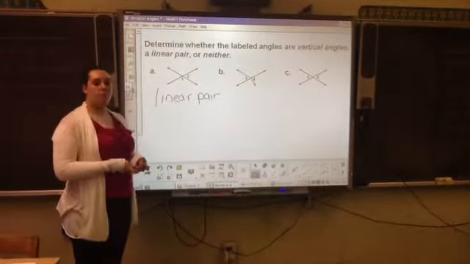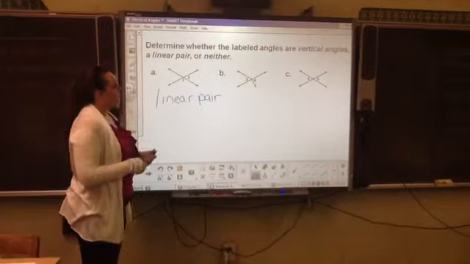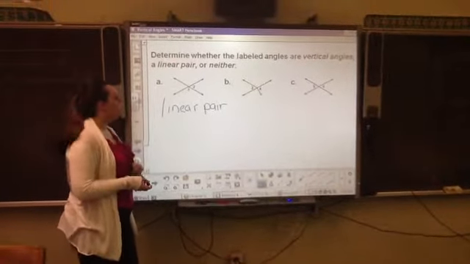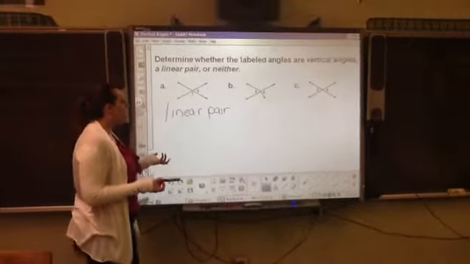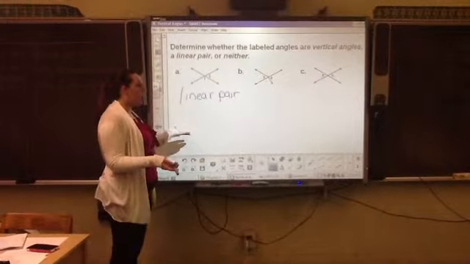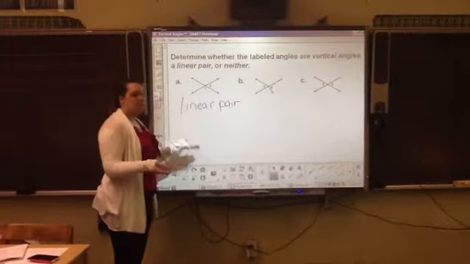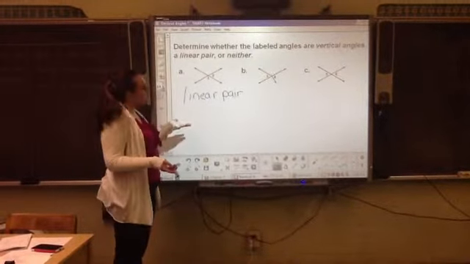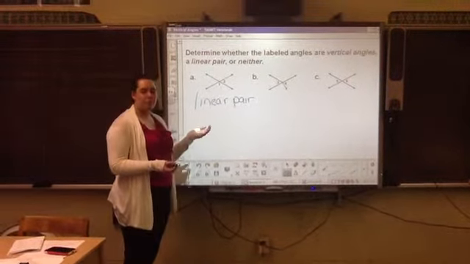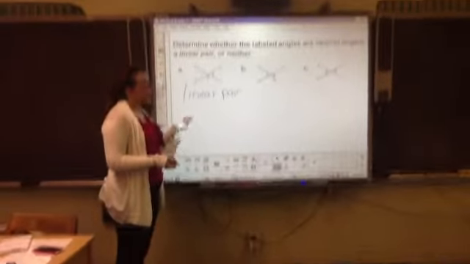Now let's go for B. Angles 3 and 4. This is really tricky. Well, you can tell from A, they're not next to each other, so they can't be a linear pair. But are they vertical? Are they opposite each other? What do you think? Not quite, huh?